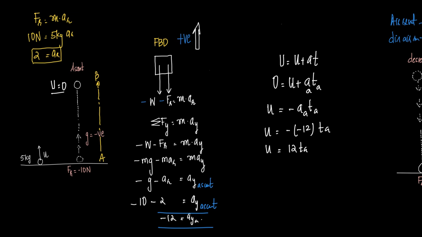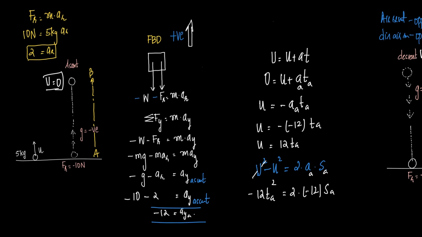Now, v square minus u square is equal to 2 into a into s. For the ascent, this is 2 into a_a into s_a. The value of v is 0 here. So this becomes 0 minus (12 t_a) square is equal to 2 into minus 12 times s_a.